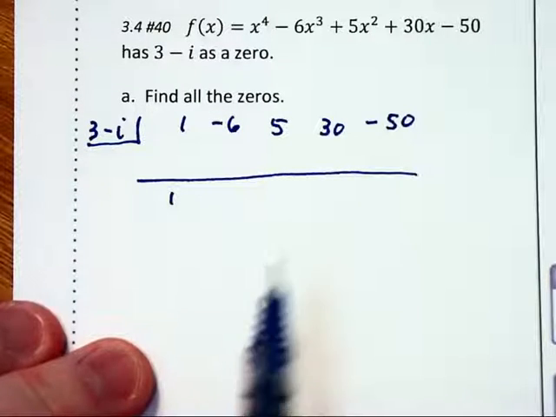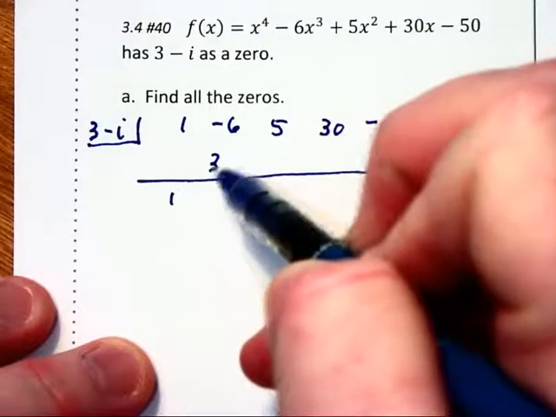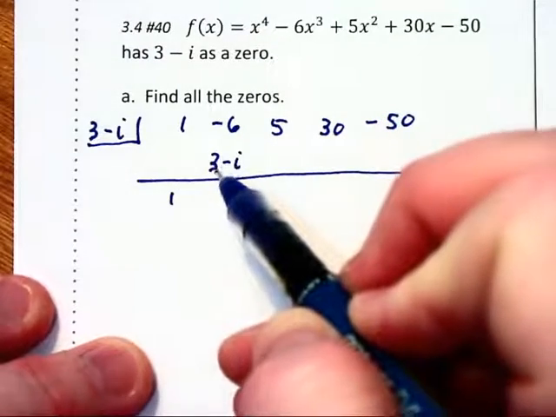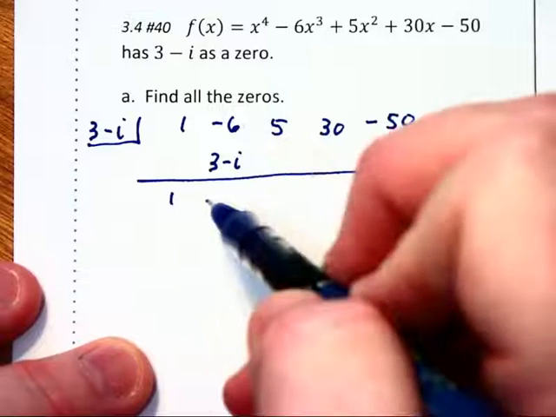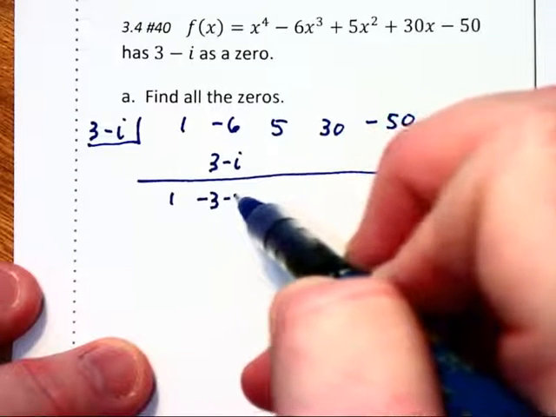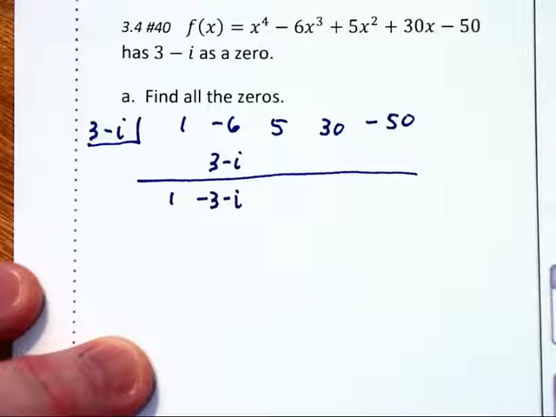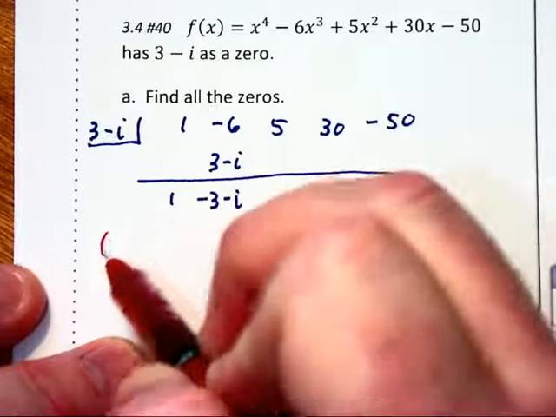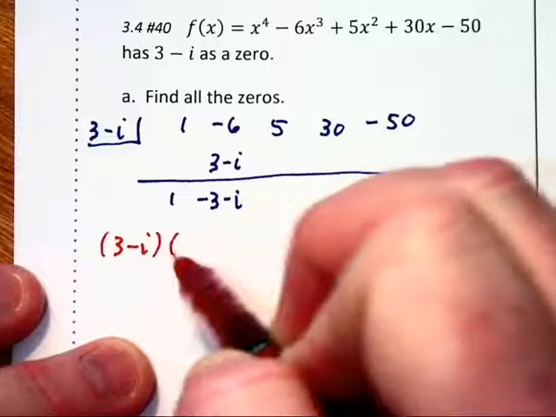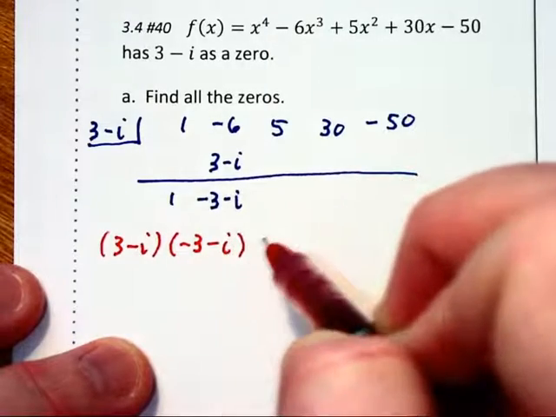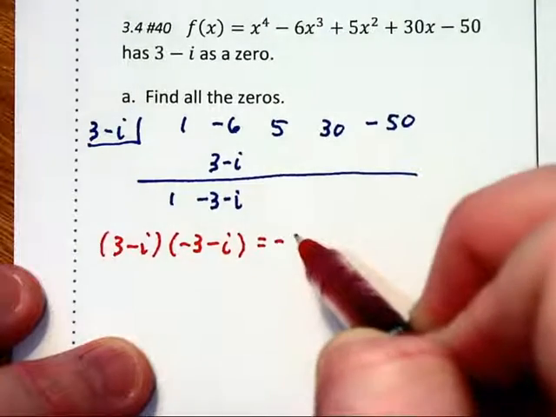So 3 minus i times 1 is 3 minus i, and combining like terms, the 3 and the negative 6 combine together to give us negative 3 minus i. Now we need to multiply together this 3 minus i times negative 3 minus i. First term of the FOIL is negative 9.